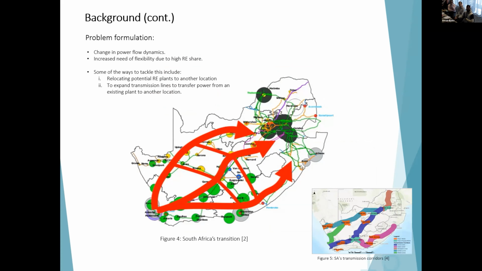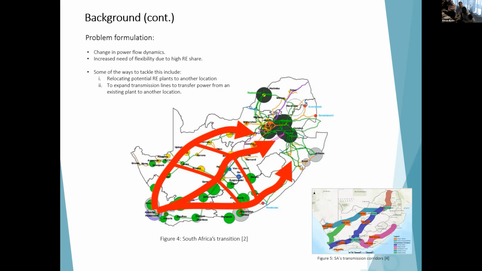Some of the ways to tackle this are either to relocate the potential renewable plants to another location. We currently know that Northern Cape is highly constrained, so we can relocate potential plants which were going to be in Northern Cape to other locations with lesser yield, lesser capacity factor, or we can have those plants in Northern Cape and expand the transmission lines to have further upstream network strengthening.